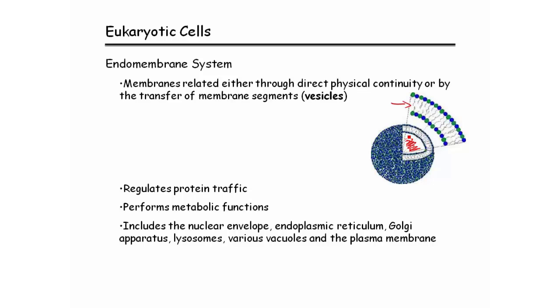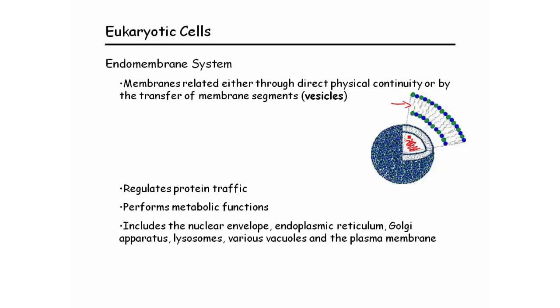As far as what it's actually composed of, we have talked already about the plasma membrane and the nuclear envelope, but we'll have some new compartments such as the endoplasmic reticulum, the Golgi apparatus, lysosomes, and then also lots of other generic compartments which we'll call vacuoles that are all going to be connected together in some manner.